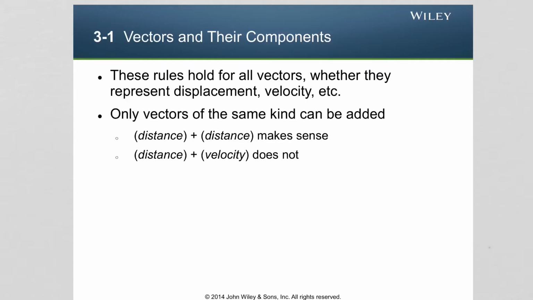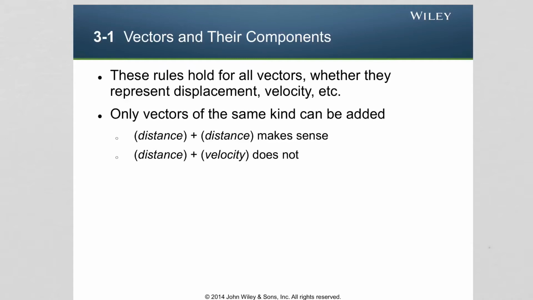However, keep in mind that only vectors of the same kind can be added. For example, you can add two distance vectors, or two force vectors, or two acceleration vectors, and so forth, and that makes sense. But if you add a distance and a velocity vector, or a force and acceleration vector, that makes no sense. Think about it this way.